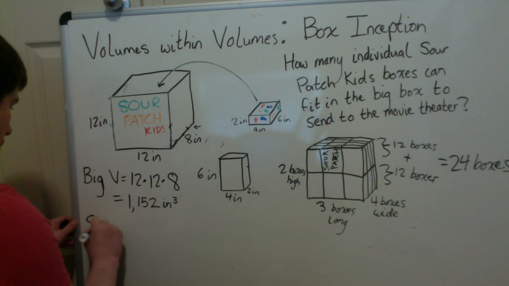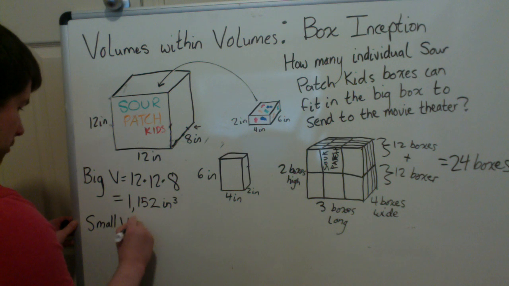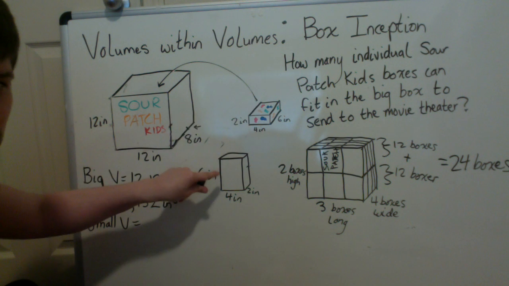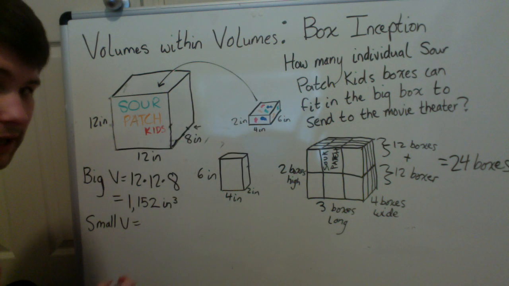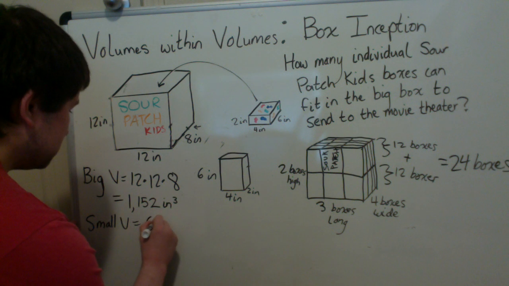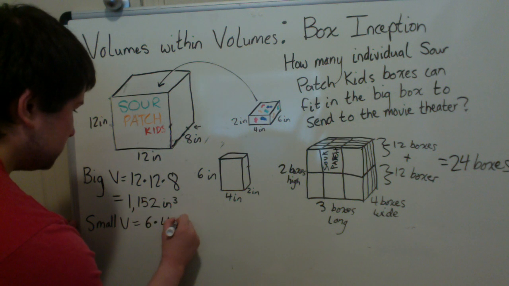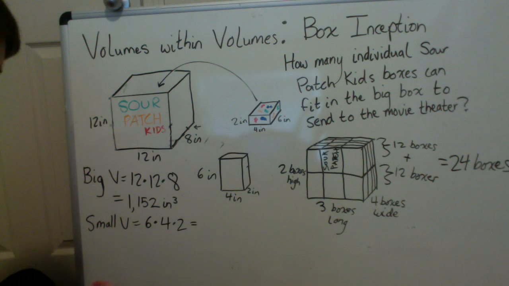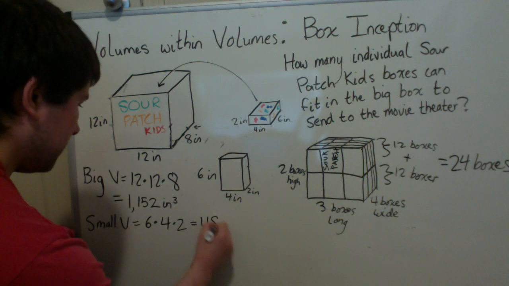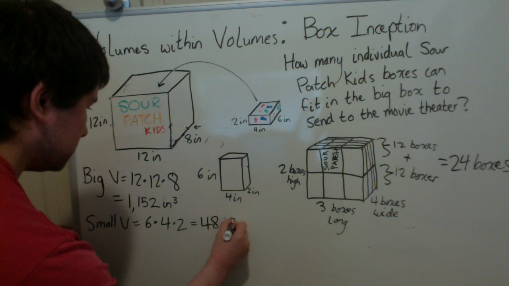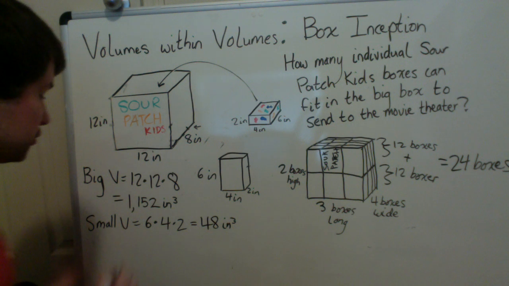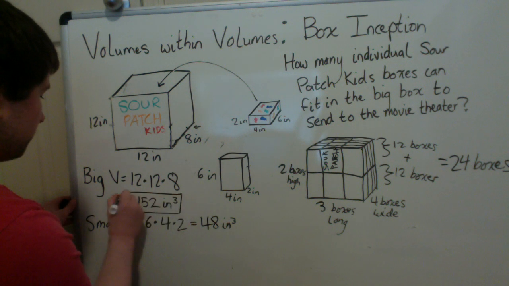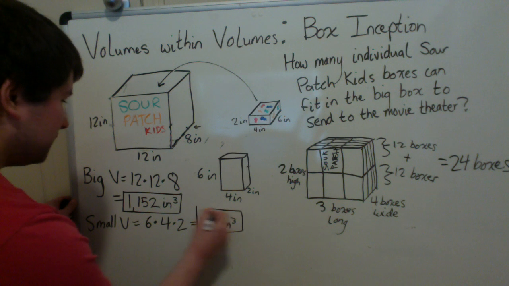The small volume, the volume of our box here, whichever one you want to look at, is going to be 6 inches times 4 inches times 2 inches, which equals 48 cubic inches. The last step we need to do is we want to take our big volume and divide by our little volume.